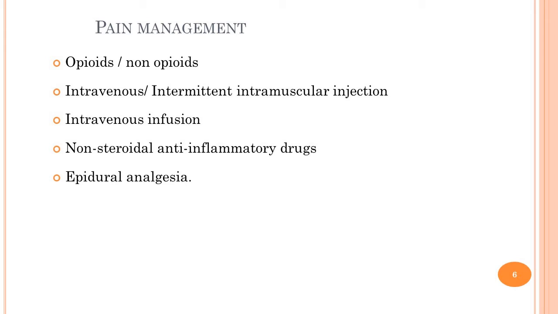The drug route may be either intravenous or intramuscular, depending upon the conditions. If the patient is under epidural anesthesia, the drugs may be topped up through the epidural catheter. Once the patient is shifted to oral medicine, the analgesics may be shifted to non-steroidal anti-inflammatory drugs.